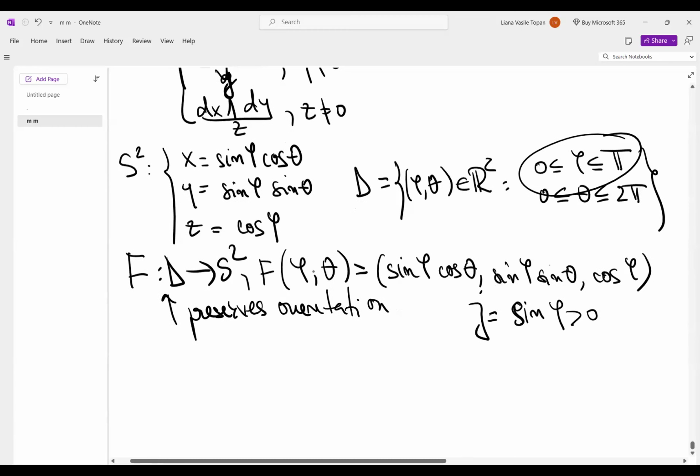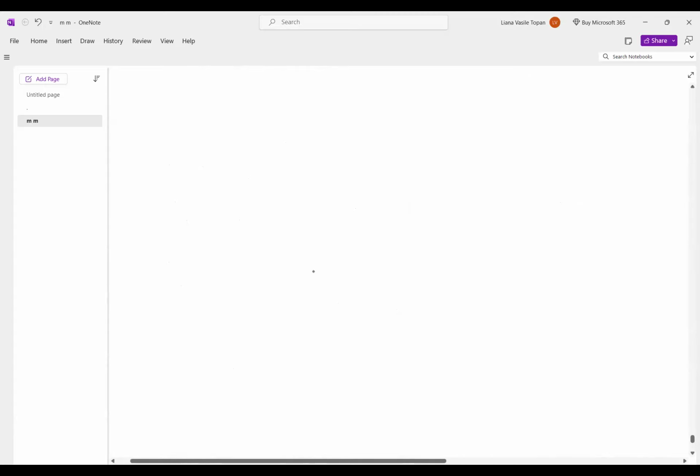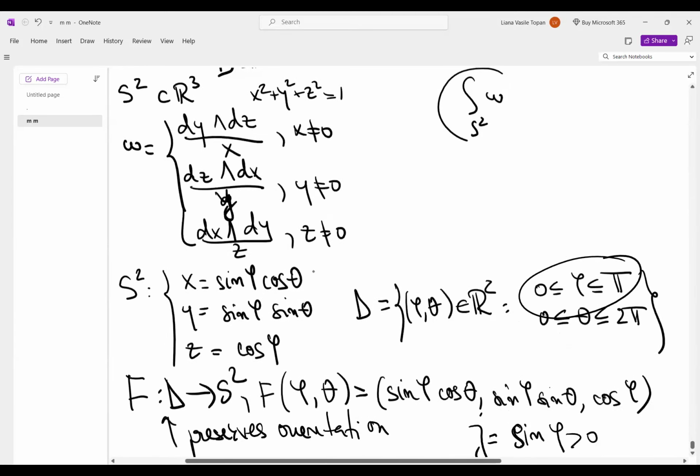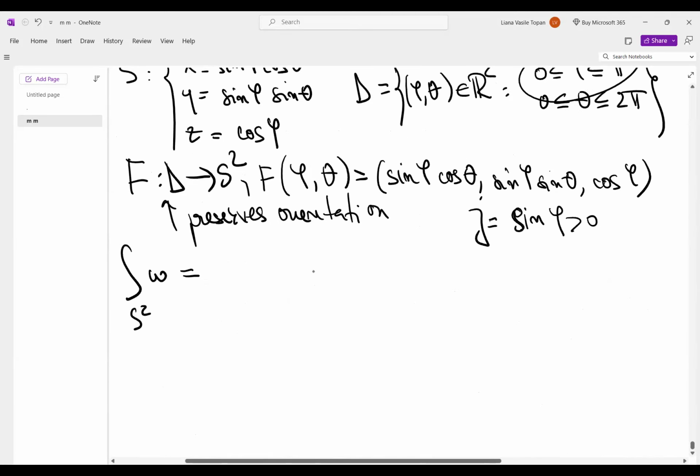Now we want to find the integral over S2 of this form omega. By definition, this is the integral over our domain D of the pullback of omega. Now let's go and compute the pullback of omega. We had some examples of how we compute the pullback.